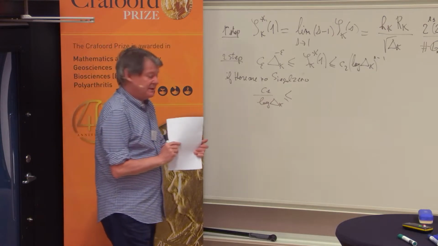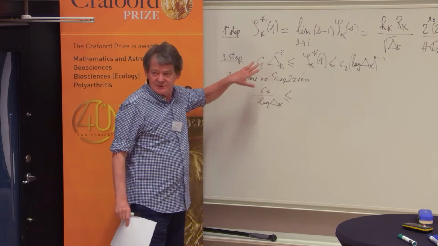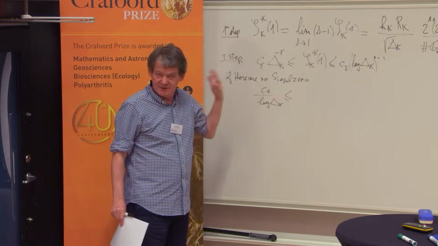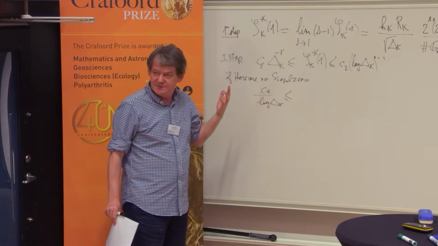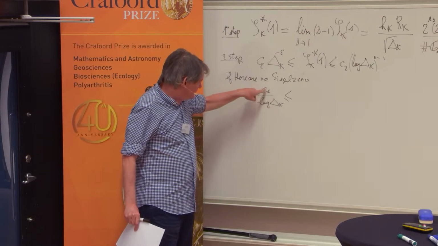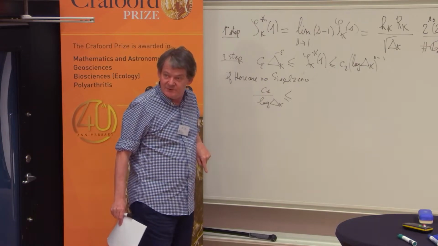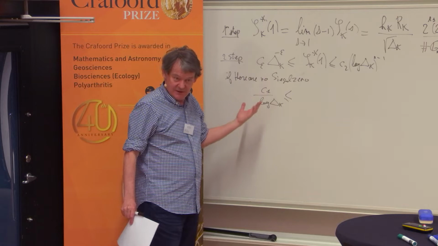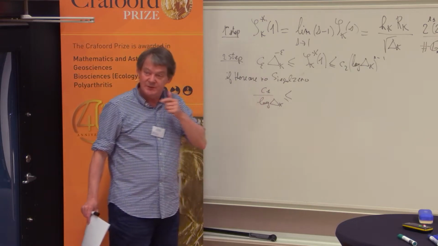And even better, this constant C_epsilon is not effective. You cannot give any specific value. You only know it exists. Whereas this C_1 is not only a much better lower bound, but it's entirely effective. You can make it completely explicit.